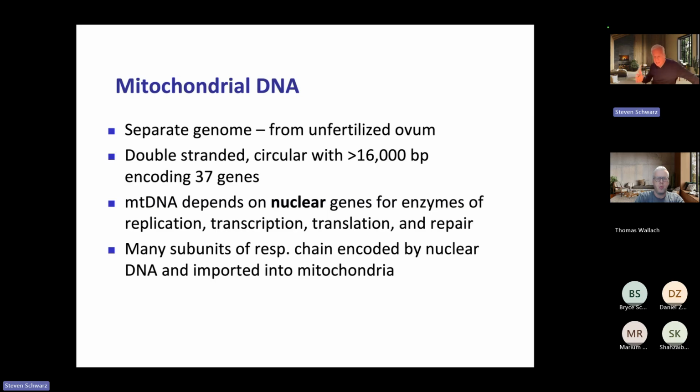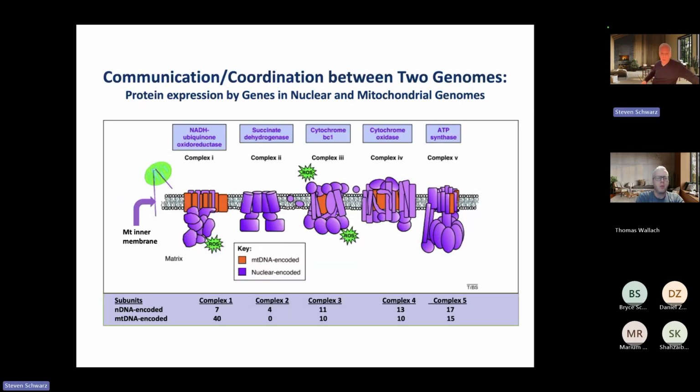And therein lies the conundrum with mitochondrial disorders. Is it derived from mitochondrial DNA mutations or nuclear DNA mutations? Because many subunits of the respiratory chain are encoded by nuclear DNA and then imported into the mitochondria. These two genomes coordinate and communicate.